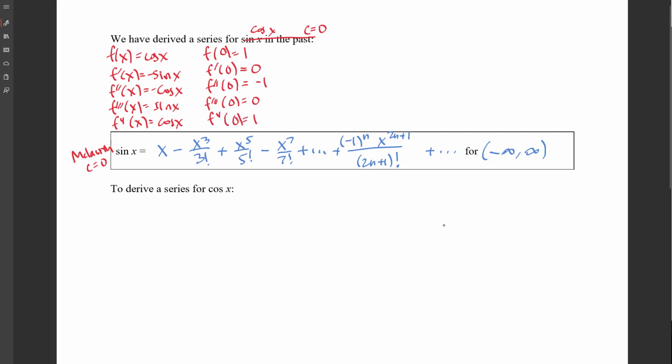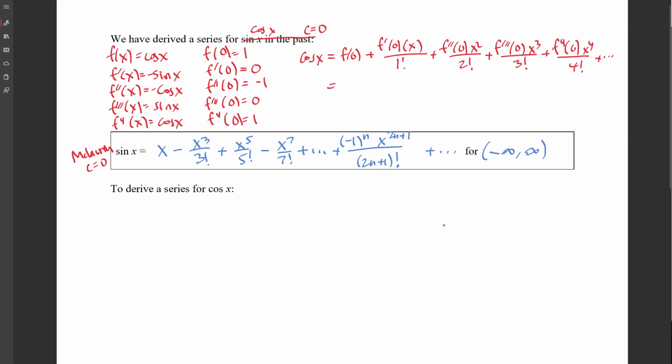Remember I plugged that into my Taylor series formula. So that means cosine of x is approximately equal to f at 0 plus f prime at 0 times x minus 0, you can leave out the x minus 0, over 1 factorial, plus f double prime at 0 times x squared over 2 factorial, plus f triple prime at 0 times x cubed over 3 factorial, plus the fourth derivative at 0 times x to the 4th over 4 factorial, plus dot dot dot.